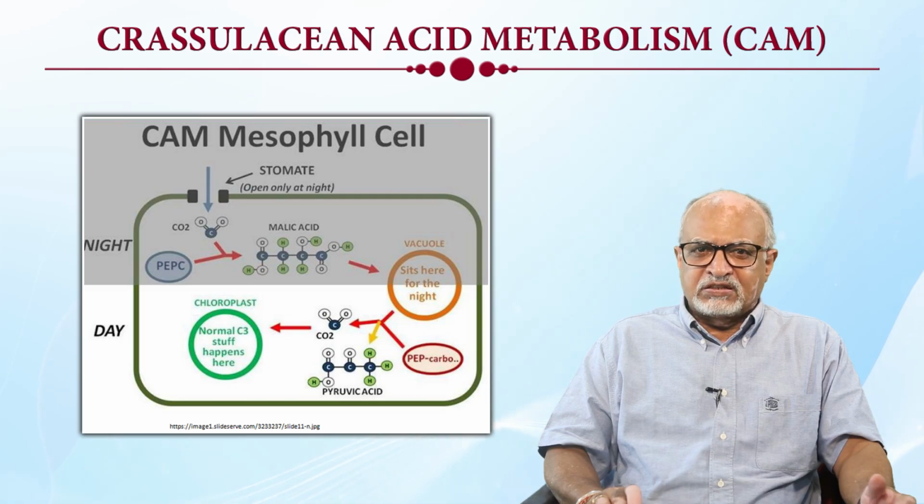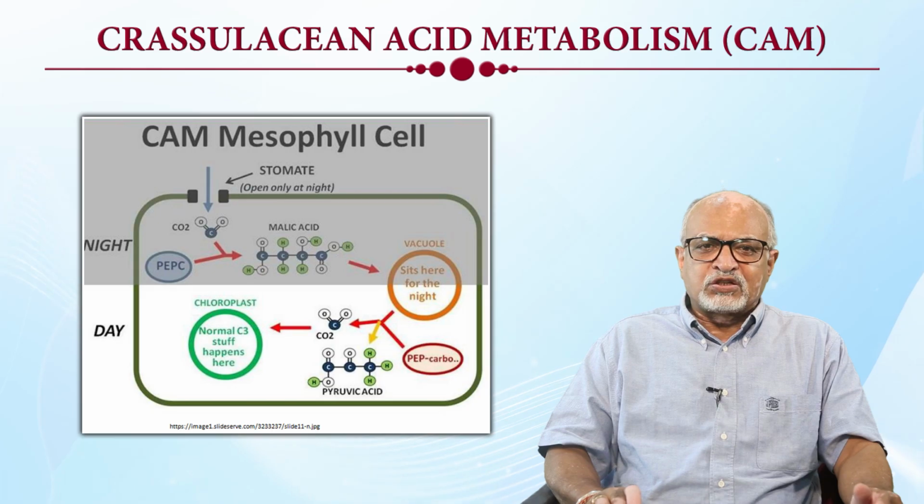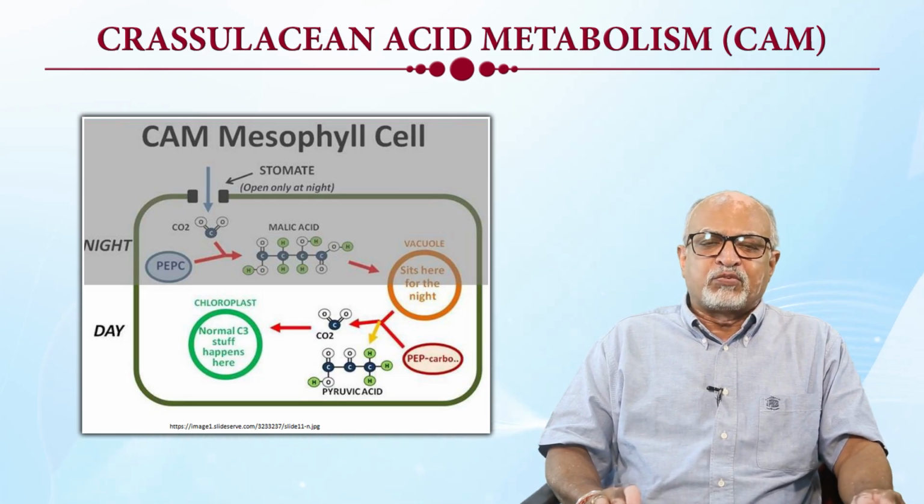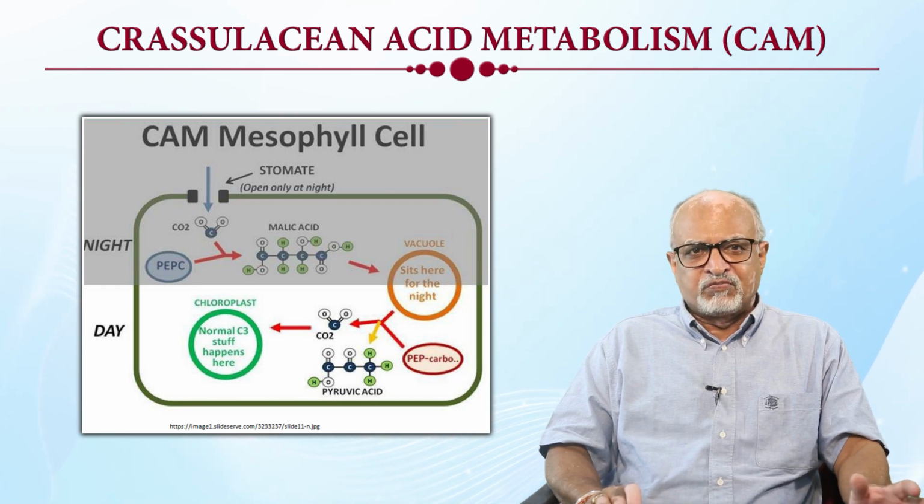Now, I never said that they are going to take place simultaneously. So, that means here the reactions are going to show a temporal variation. A spatial variation is all right, in different tissues, but temporal means occurring at different time periods.